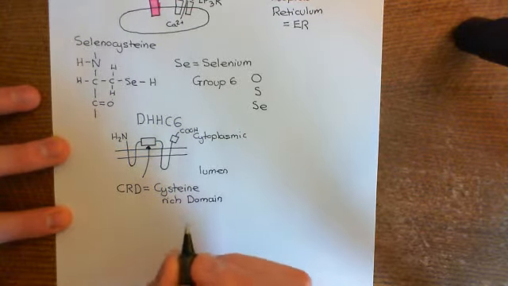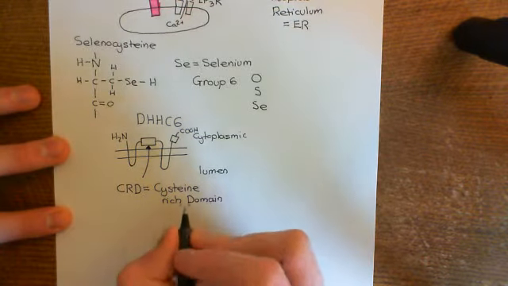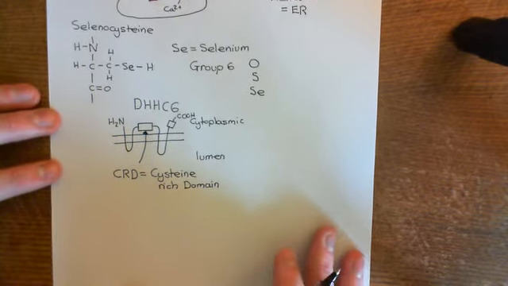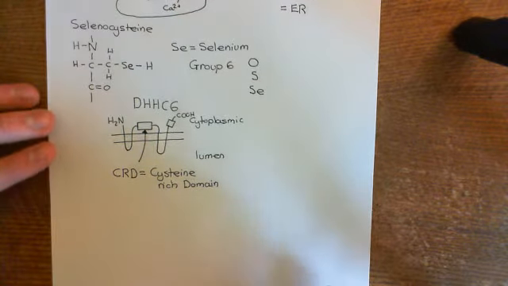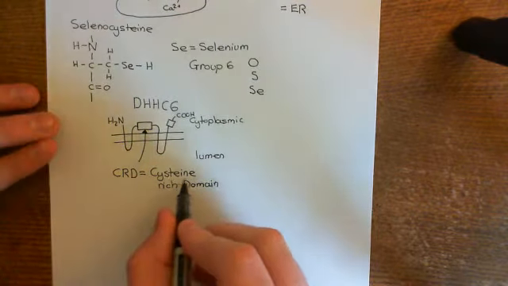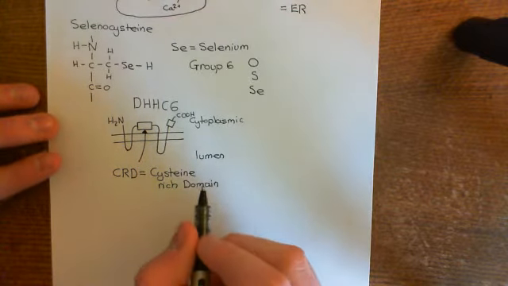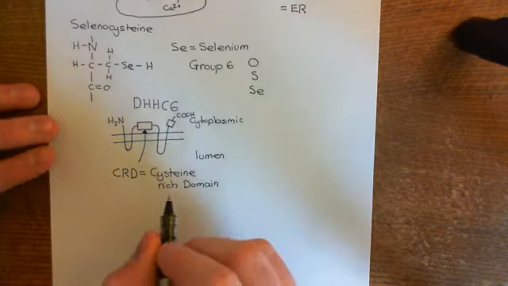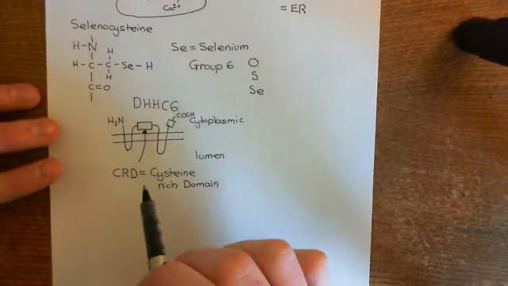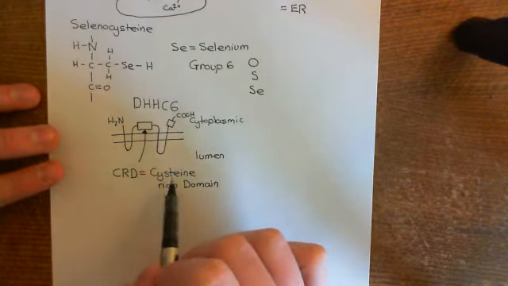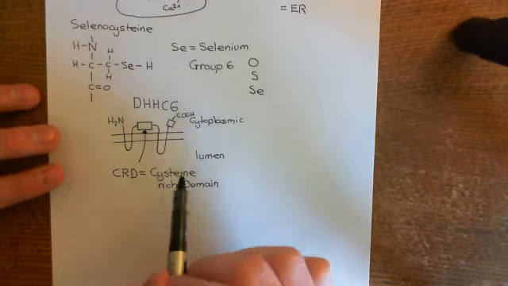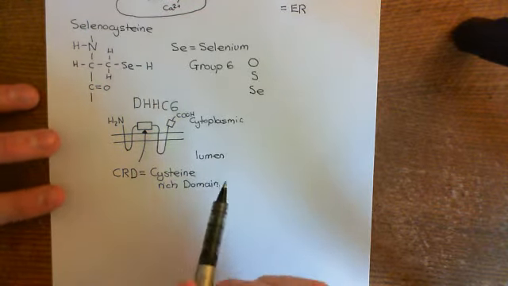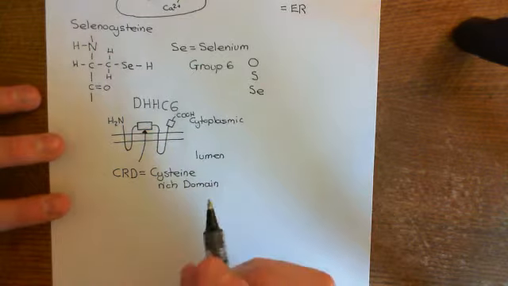Okay, and specifically within this cysteine-rich domain, there is a very important sequence of amino acids, okay? So this is a long sequence of amino acids, but there are 4 amino acids in here which are always conserved. So all of the DHHC enzymes have a cysteine-rich domain, and in these cysteine-rich domains there are 4 amino acids that you can always find present, basically, okay?